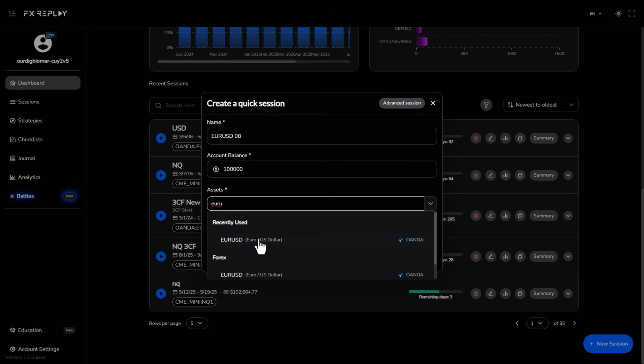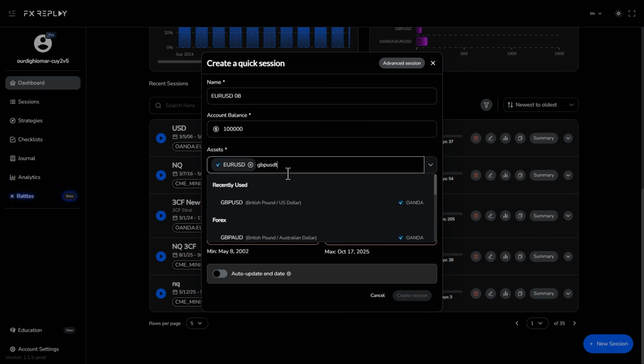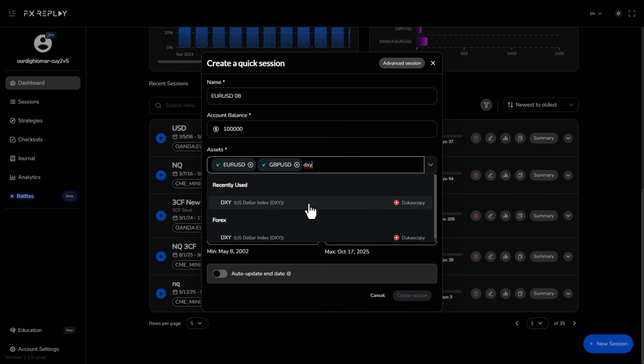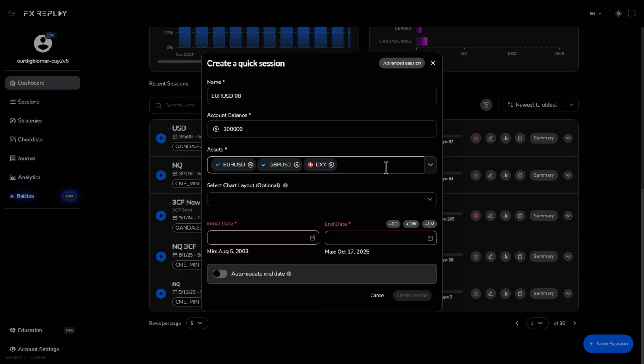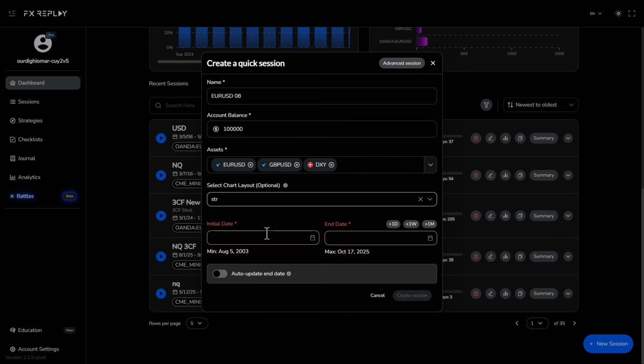You can go back all the way to, let's see, the limits. You're gonna need all these three for correlation, so you can go back all the way to 2003, and that's just amazing.